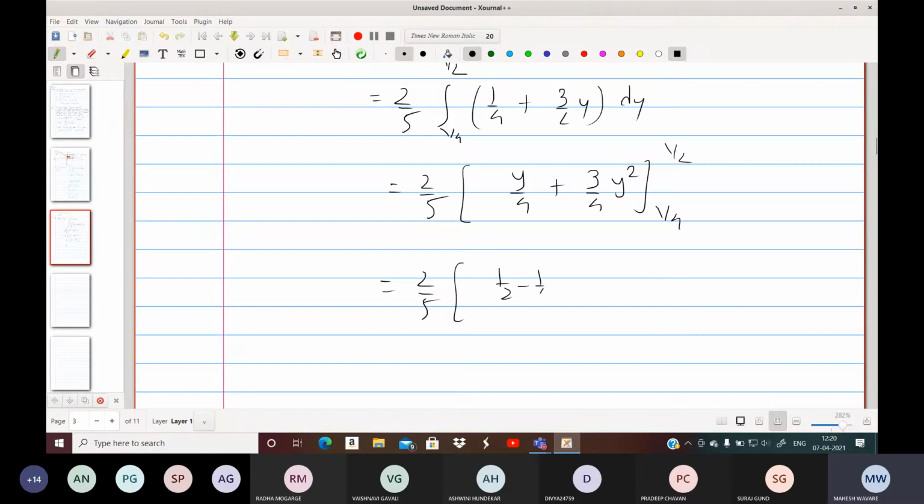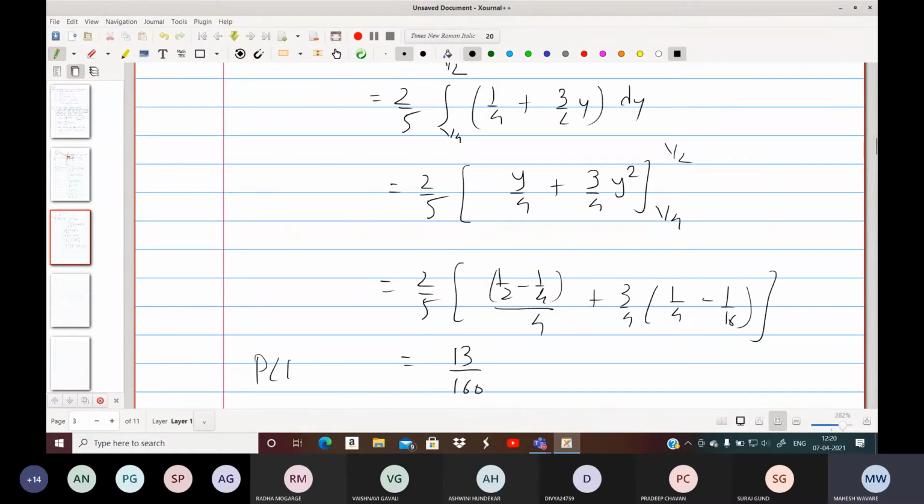So 1 upon 2 minus 1 by 4, upon 4, plus 3 by 4 into 1 upon 2 square minus 1 upon 4 square, upon 16. So what does this calculation come to? This is given in the book, the answer as 3 upon 160.